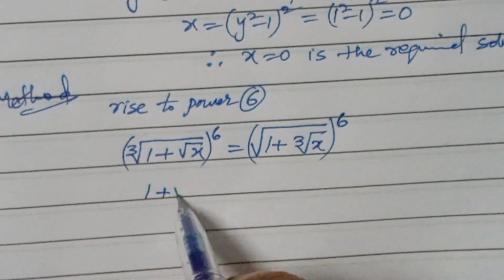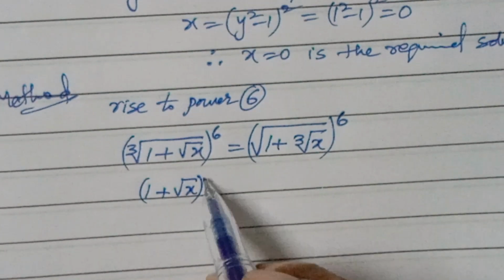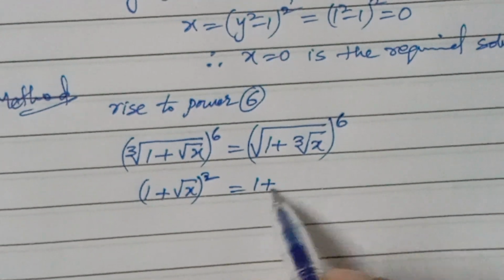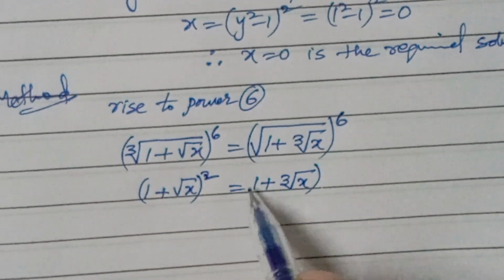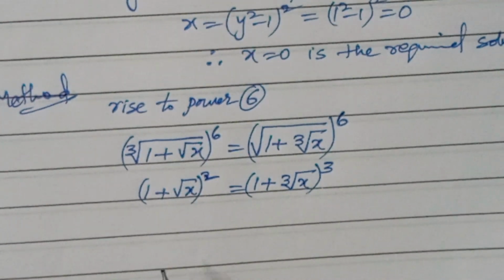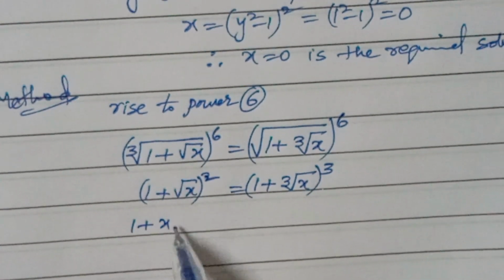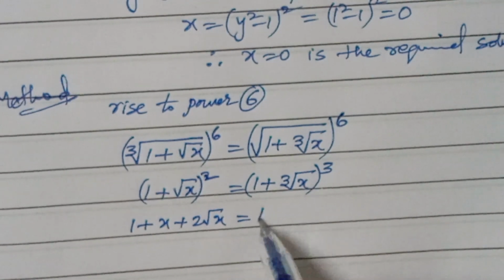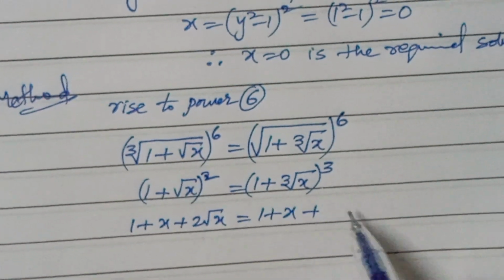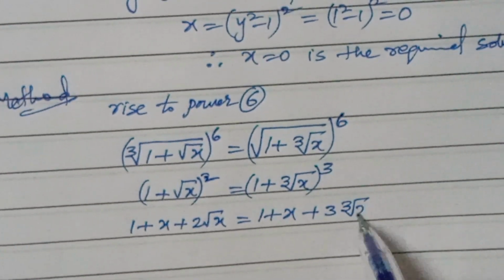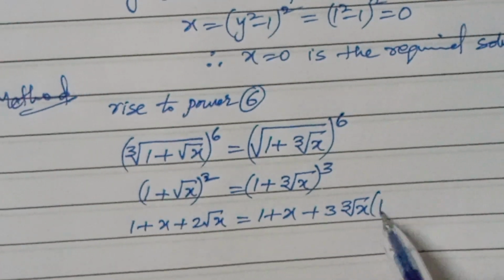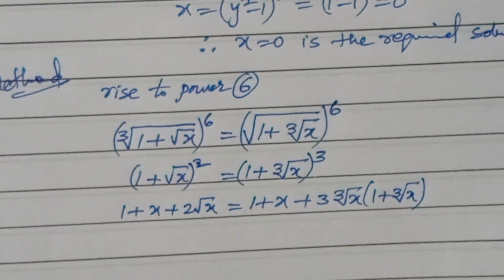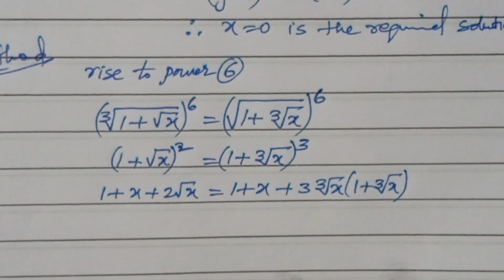So here you'll get 1 plus root x whole square is equal to 1 plus cube root of x whole cube. So you'll get 1 plus x plus 2 root x is equal to 1 plus x plus 3 cube root of x into 1 plus cube root of x.